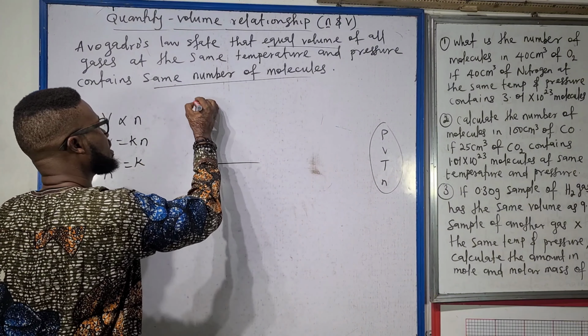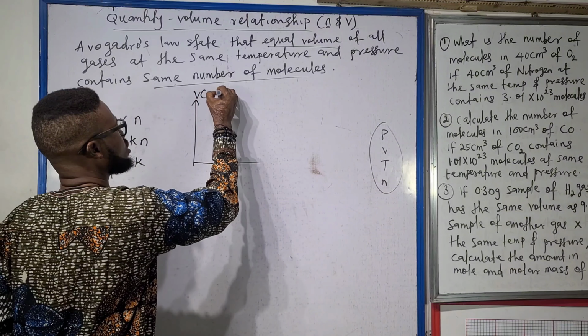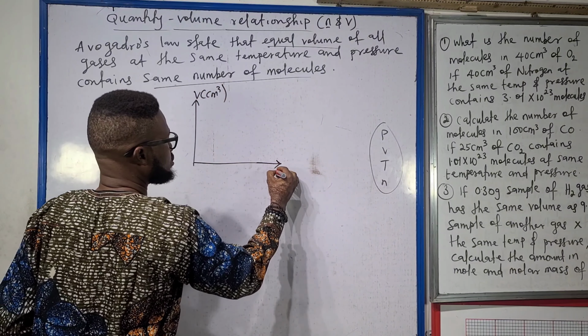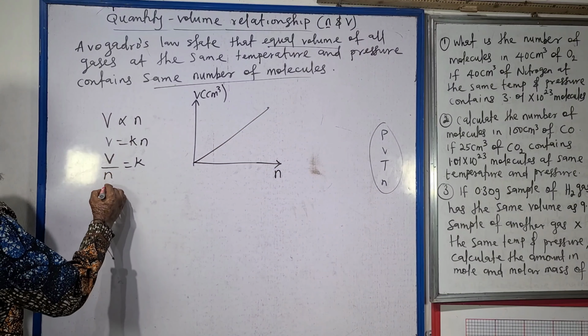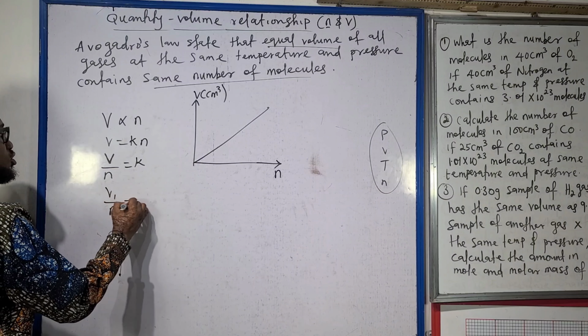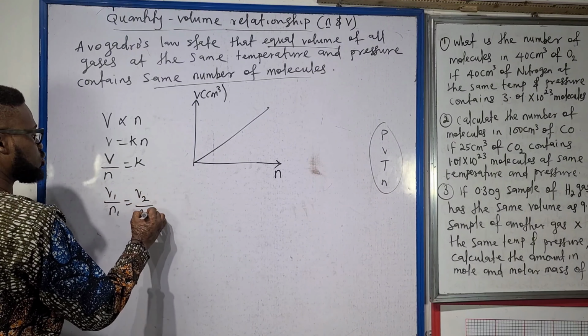Graphically, this is what that means. V in cm cubed against the number of molecules of gas, it's a direct proportion. And what this means is V1 over n1 equals V2 over n2.